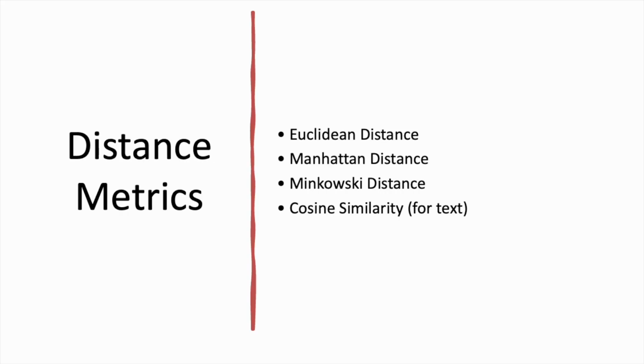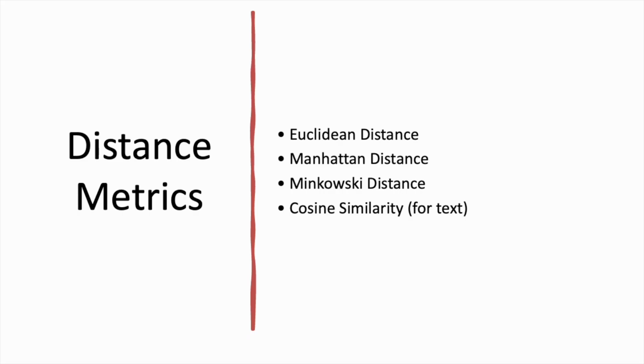Distance calculation is at the heart of KNN. To decide which neighbors are nearest, you need to measure distance, and for that, there are multiple formulas. First one is Euclidean distance, the most common one. It is the straight line distance between the two points. It is like the Pythagoras theorem in action. Second is Manhattan distance, distance along the axis, like moving on a grid in a city. That's why the name came as Manhattan distance.